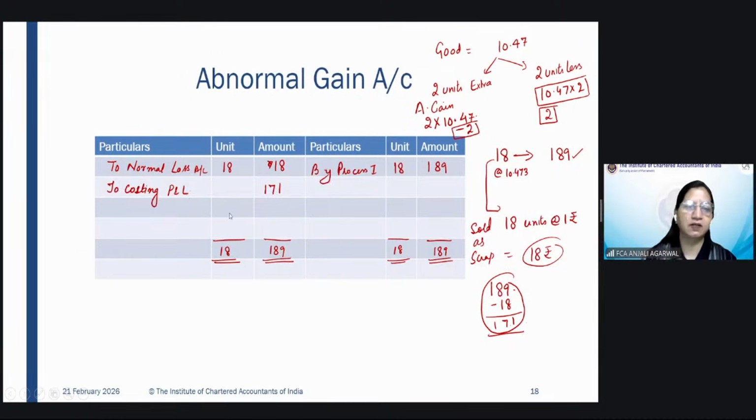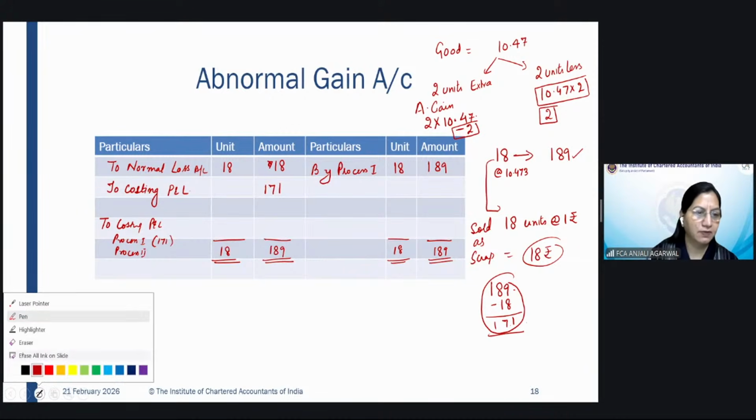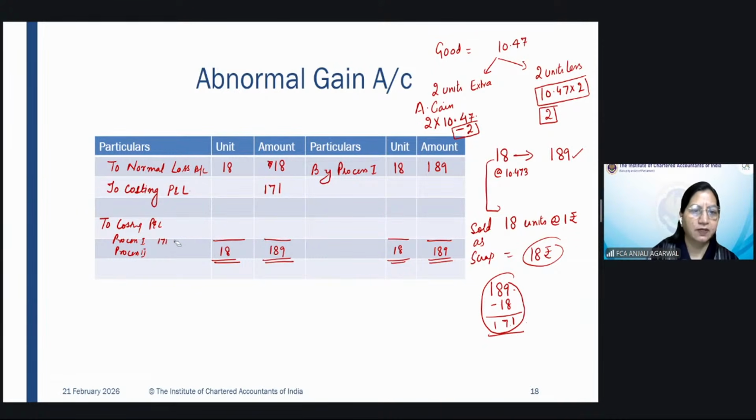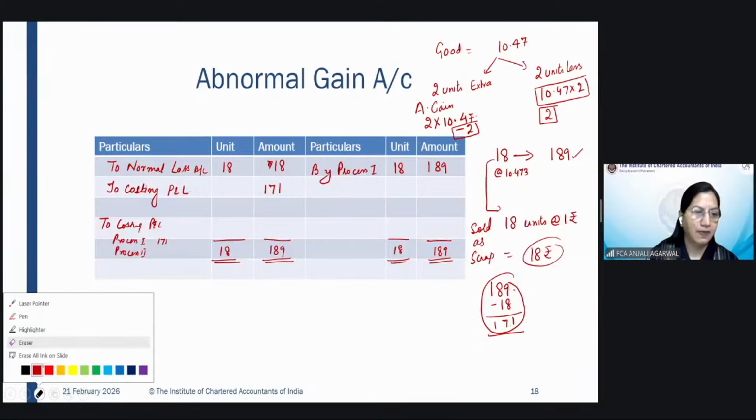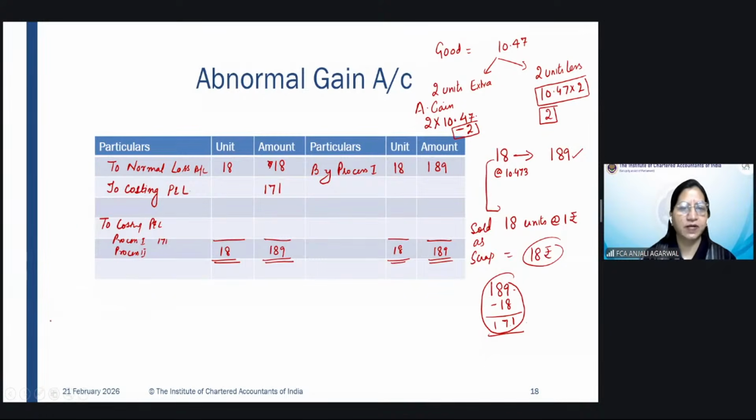In the internal column, you can bifurcate. Like if there is an abnormal gain from process 1 as well as process 2, you can say to costing P&L, process 1, 171, process 2, whatever it comes out, and then the combined figure will move to the costing P&L, not this 171.